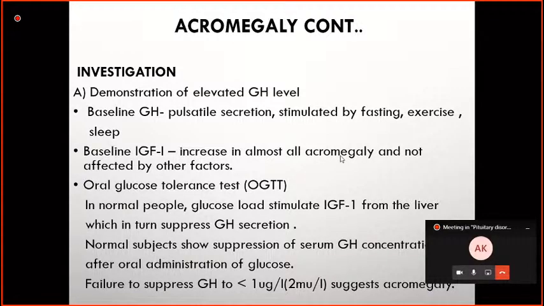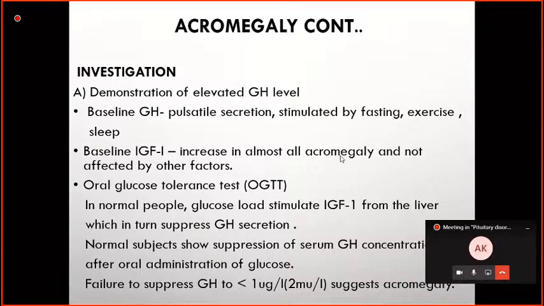In a normal subject, you would see the growth hormone suppressed to a certain concentration after giving the glucose. Whereas in a patient with acromegaly, when you give glucose, there is a failure of suppression of growth hormone.